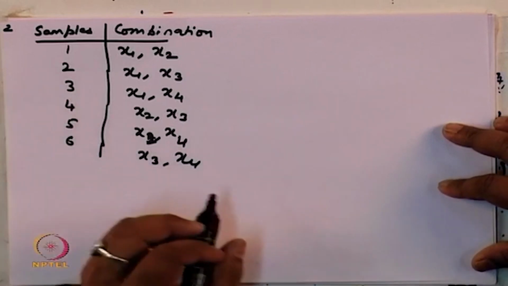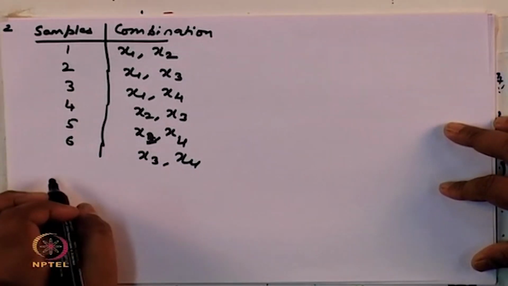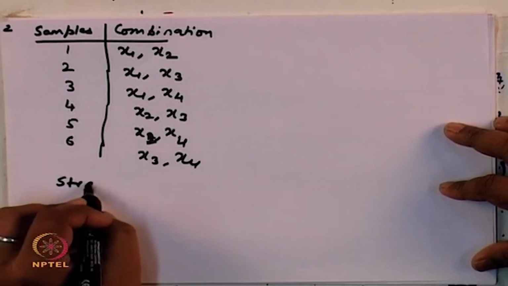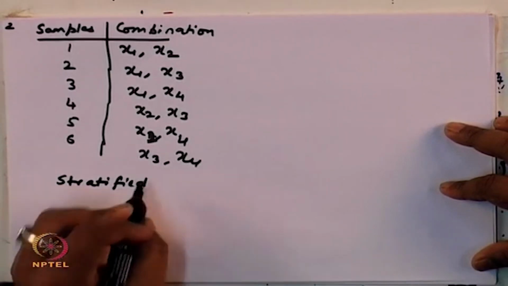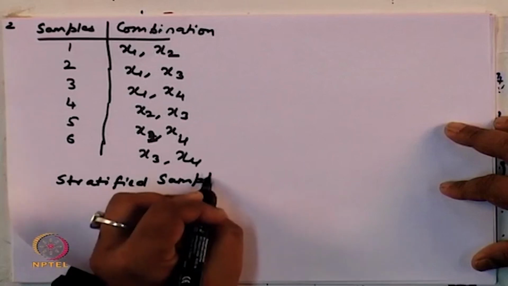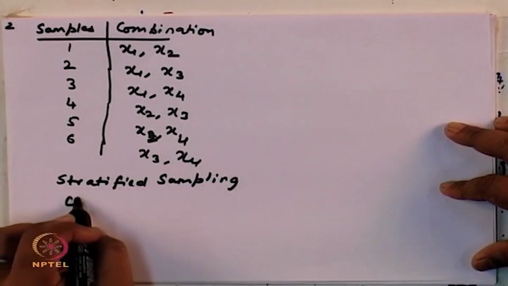But apart from random sampling, there are other types of sampling, for example, stratified sampling or cluster sampling.